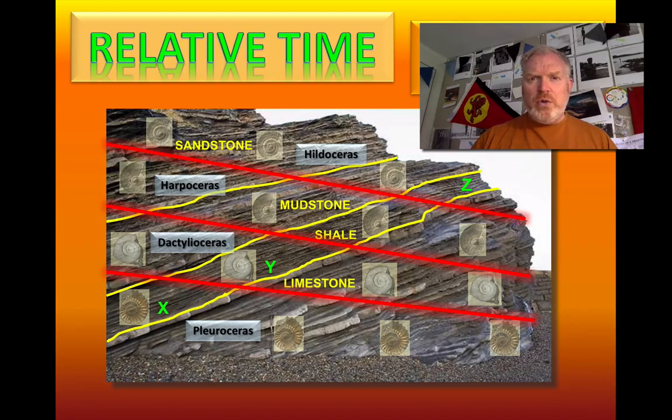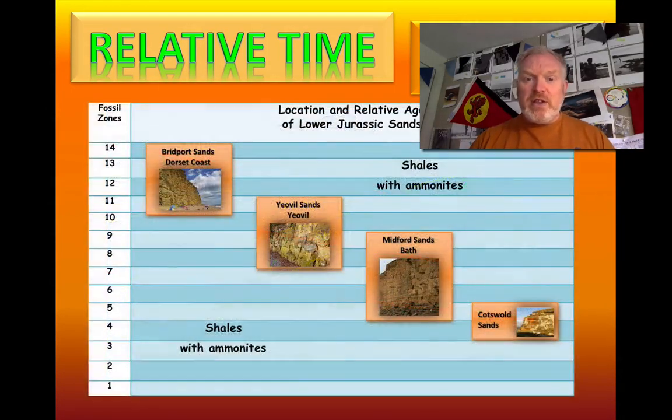Let me try and show what this means by looking at this real example. The Bridport Sands are part of a bed of sandstone that we can find across southern England. Here are 4 locations where we can find this. The Dorset coast that we've already seen, Yeovil and Somerset, Bath, and also then in the Cotswolds.